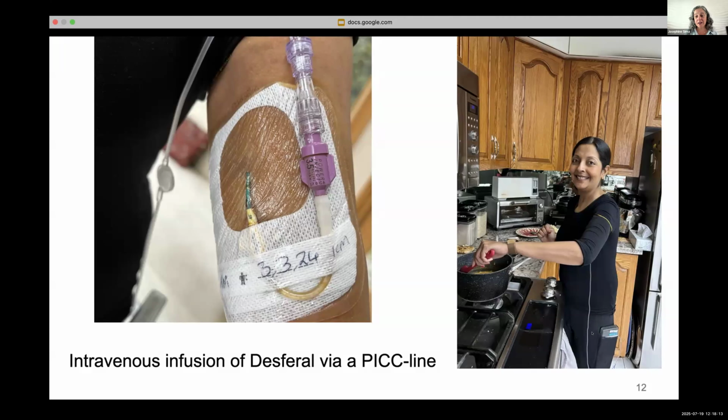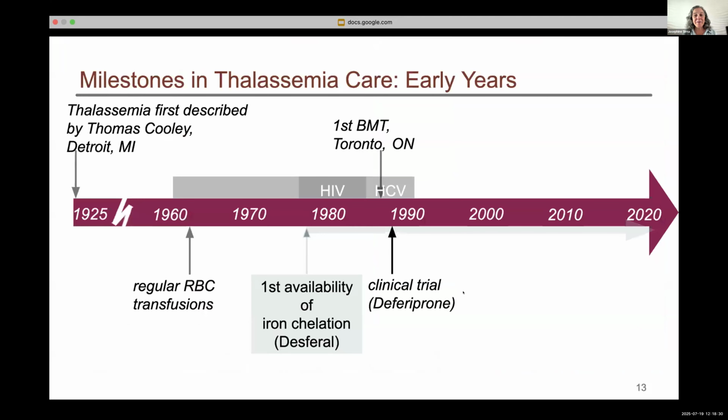And so with this really long tubing, she is able to do things like work full time, go out, meet up with friends, and of course do chores around the house because her mother would not have it any other way. But again, you're carrying around a pump and you learn to hide it discreetly, but it's an involved process.